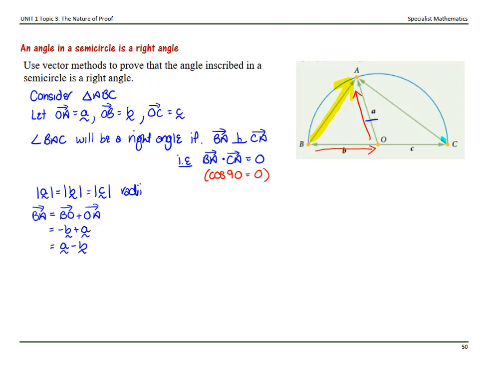Then looking at vector CA, that's going to be CO plus OA.